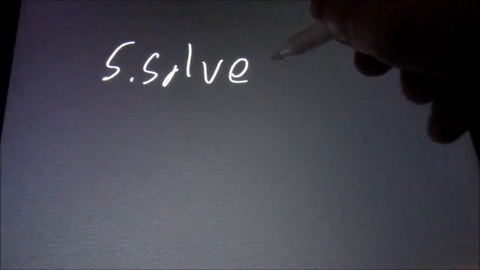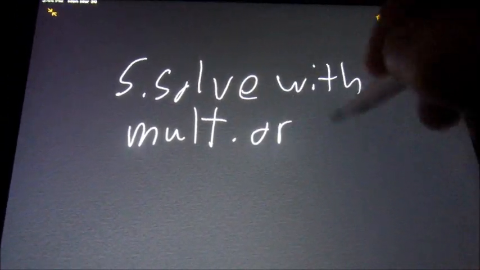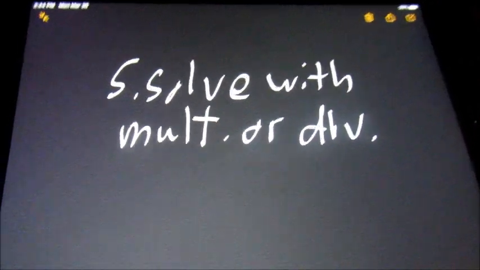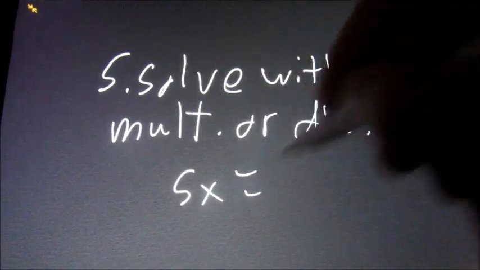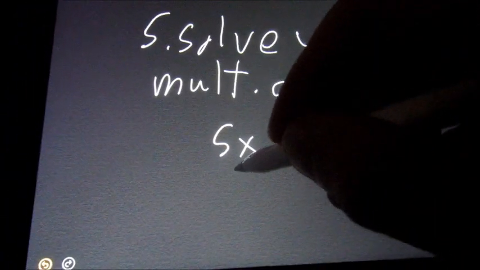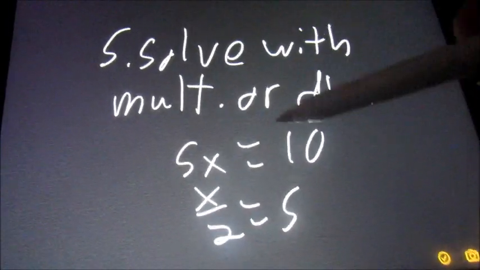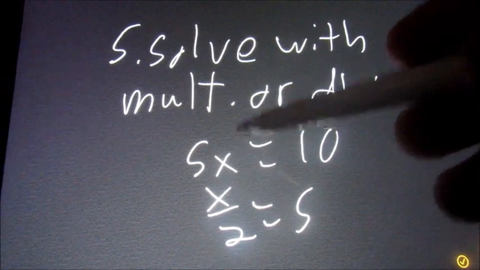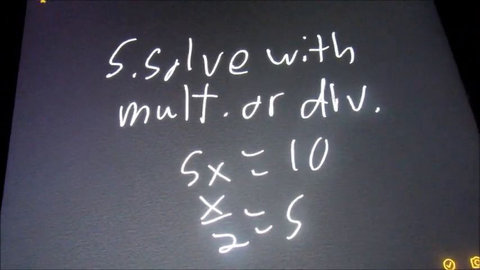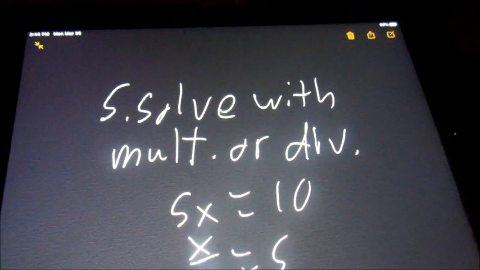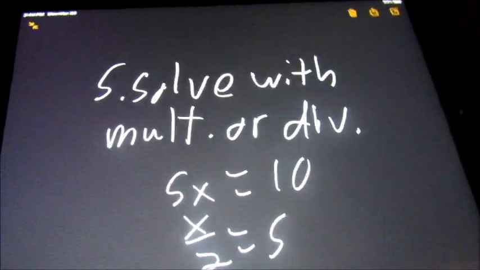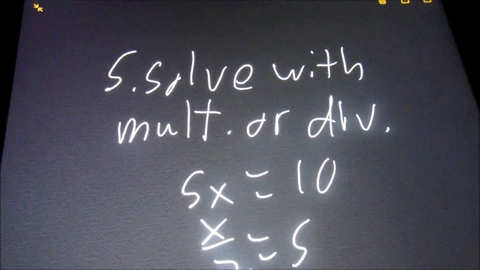And then the final step is to solve with multiplication or division, and that's where you have something like 5x equals 10 or x over 2 equals 5. On this one, you'll divide both sides by 5. This one, you'll multiply both sides by 2, and all you have is the variable on one side and just one number on the other.